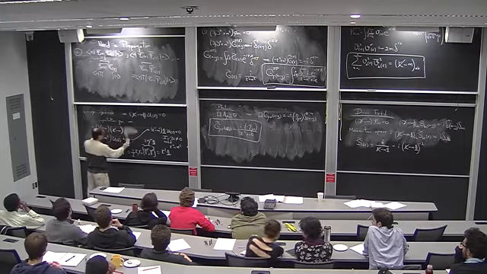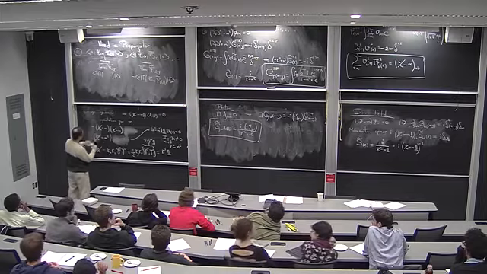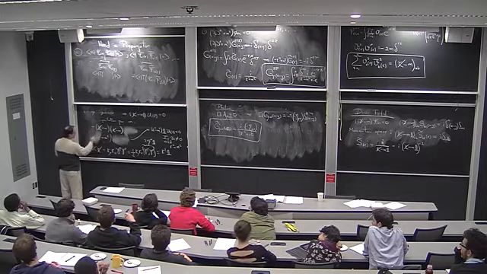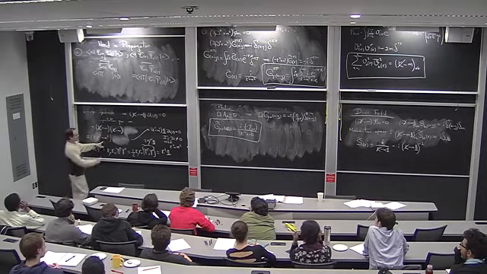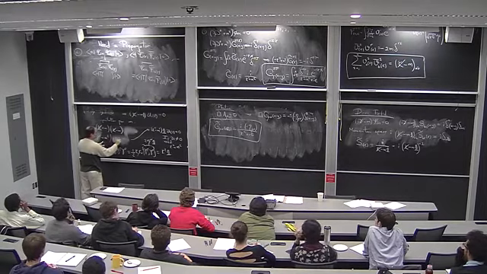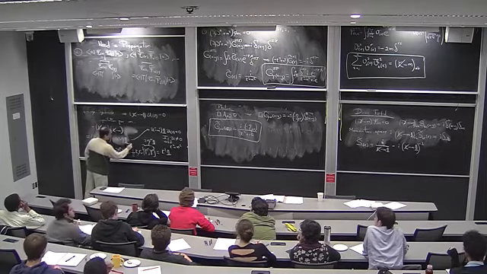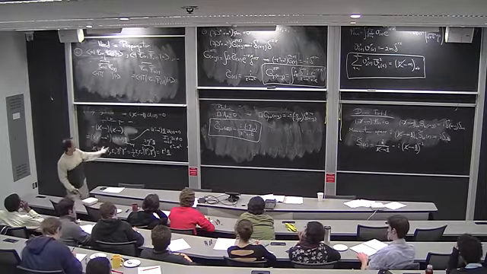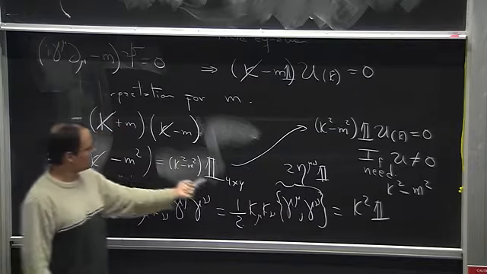We found that this was equal to this, and this we found was equal to that: a number times the identity, which is 4 by 4. So this object, if we multiply by this matrix, we get a number times the identity.